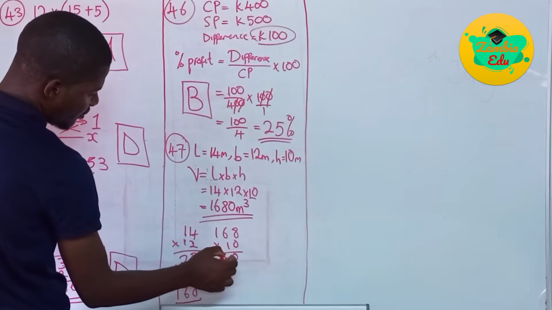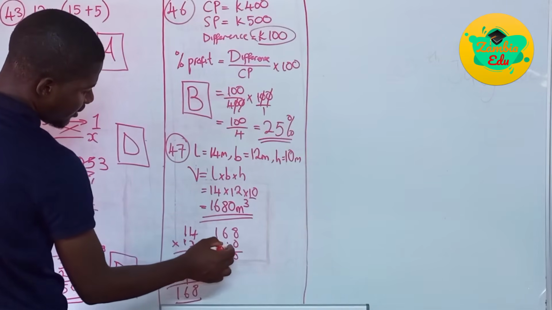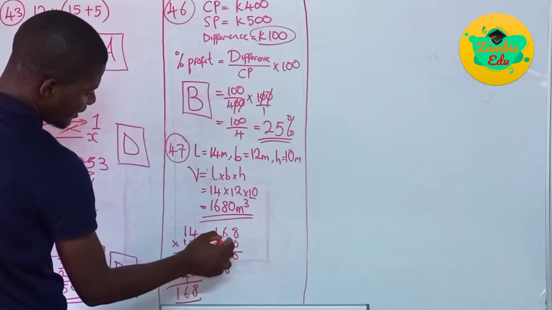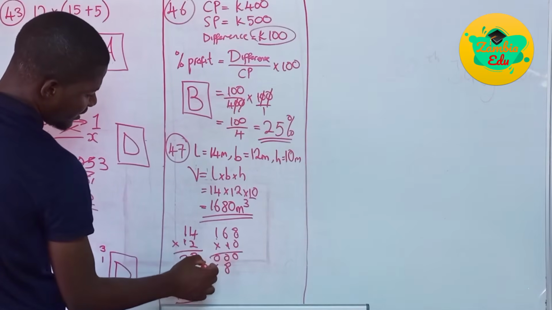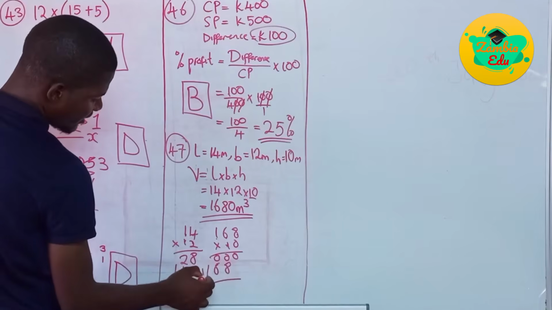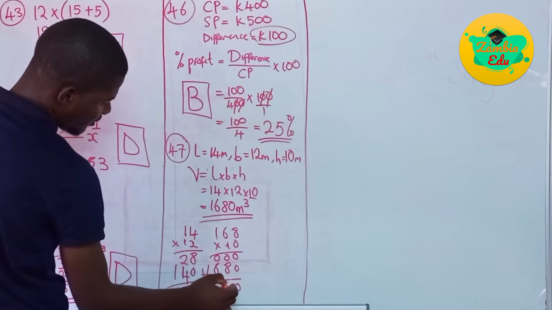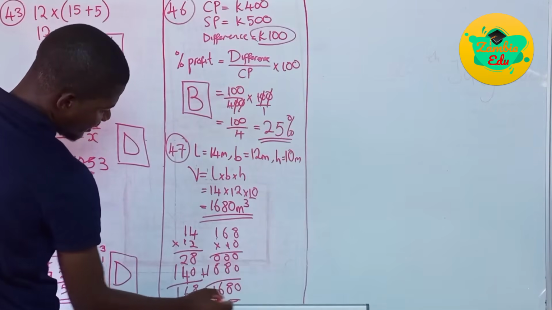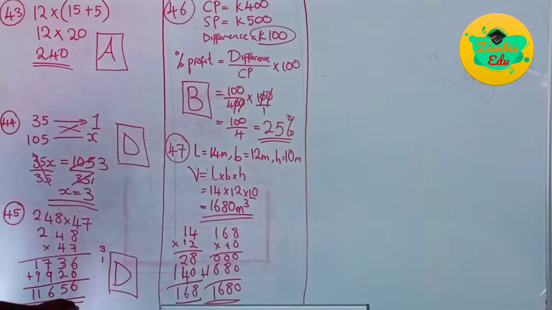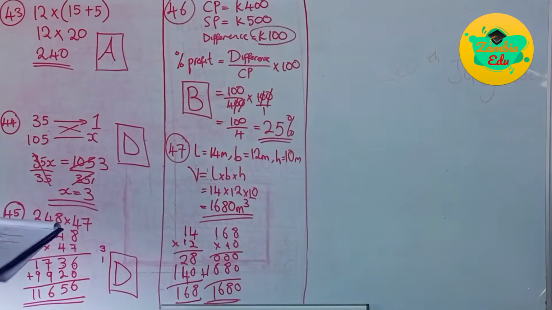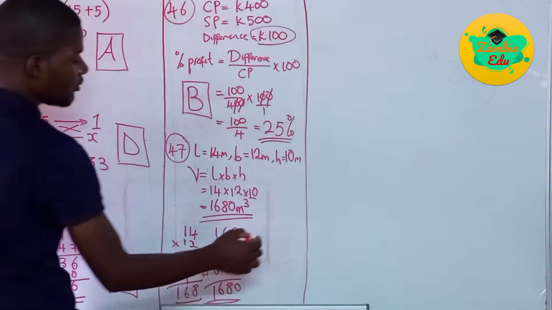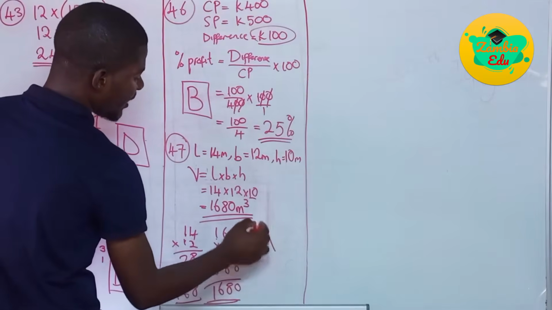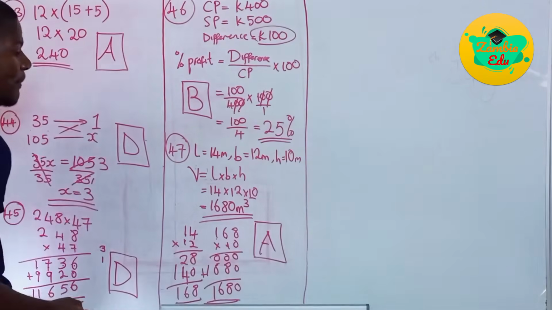So the 0 multiplied, everything on top is that. 1 times 8 is 8, 1 times 6 is 6, 1 times 1 is 1. So add that, you get 0, 8, 6, 1. And that's the exact answer that we found there. And that answer is represented on option A. So we have our answer for 47 being A.